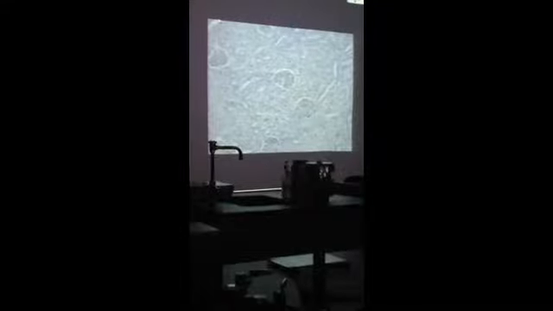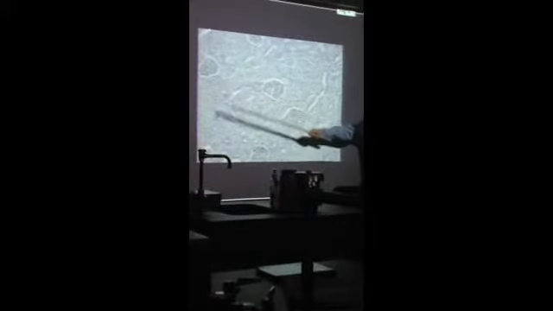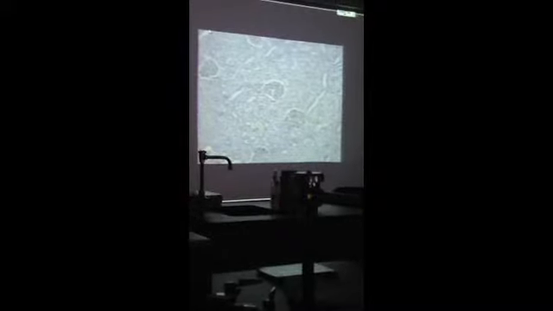But again, the factor you're looking for when you're looking at a section through the kidney is whether or not you have renal corpuscles present. If they're present, you know you're in the cortex. If they're not present, you've got a bunch of parallel tubes, you're probably in the medulla. Okay, so you should be able to distinguish.